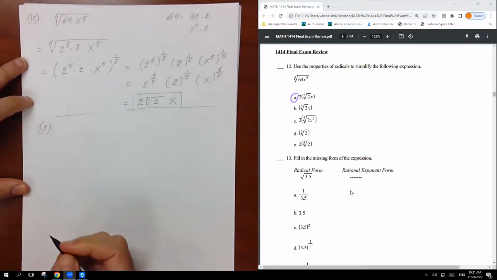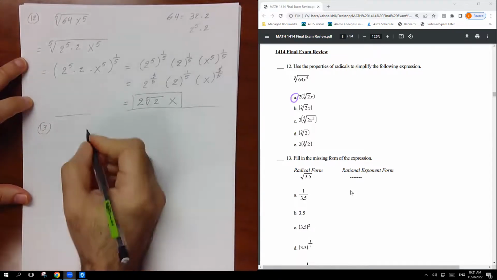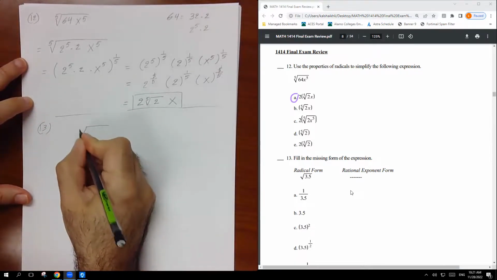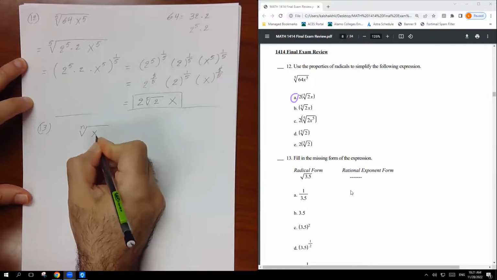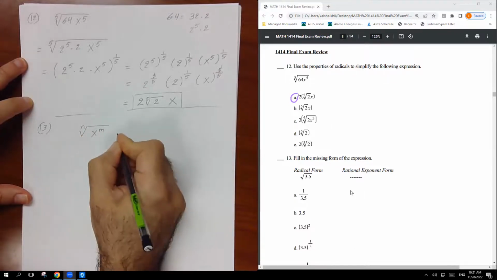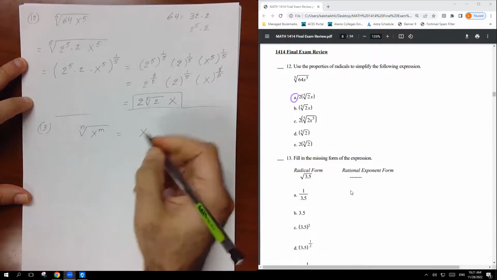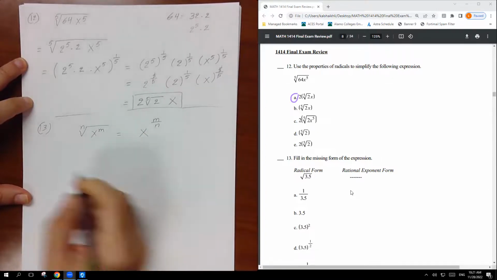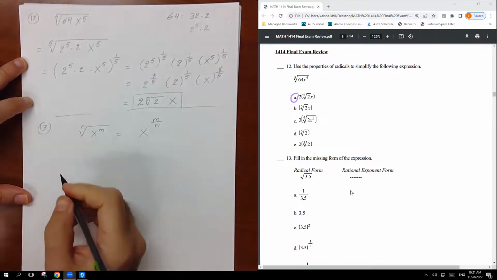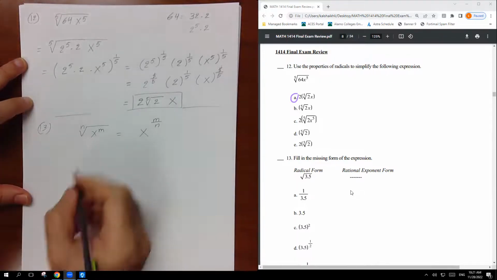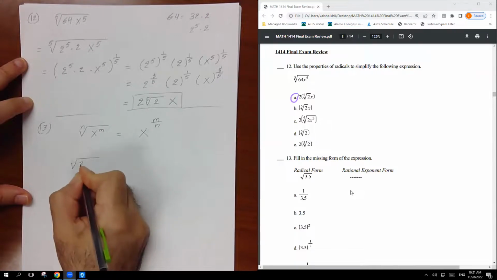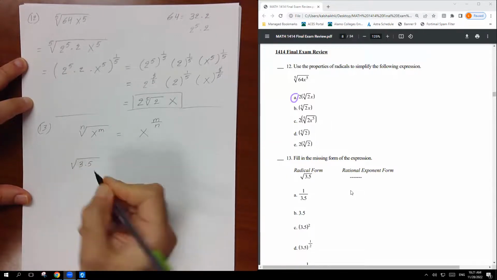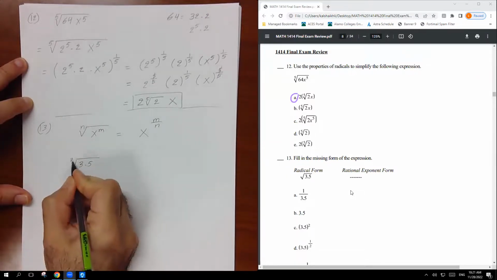So the rule is, from radical, if you have the nth root of x to the power m, the rational exponent is going to be m divided by n. Now we need to convert the square root of 3.5. It's a square root, that means the number here is 2.